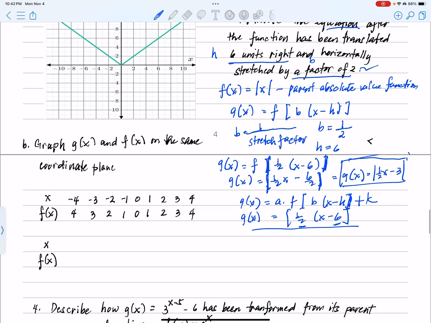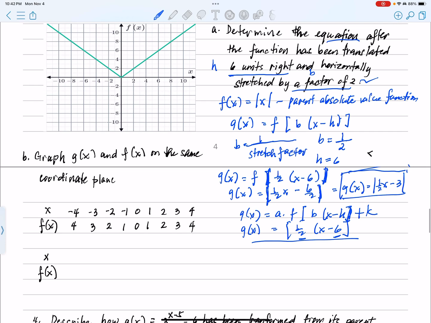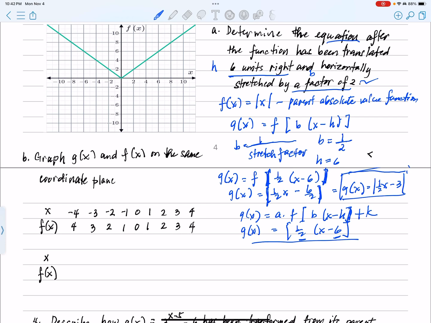So if we have negative 4, f of x is 4. We have negative 3, then negative 2, it's 2. Negative 1, it's 1, that is in between.